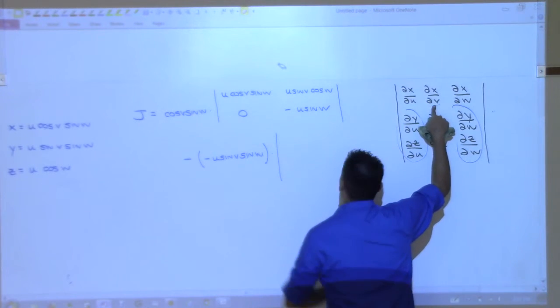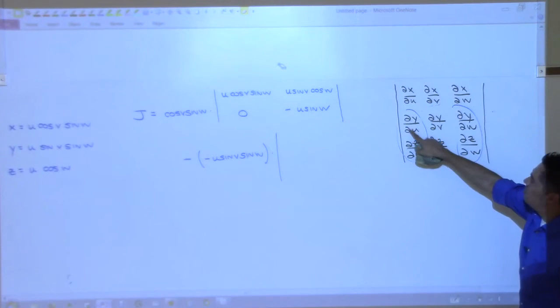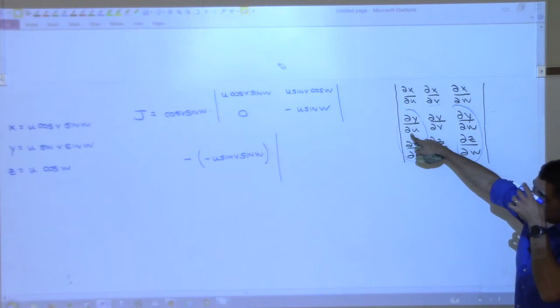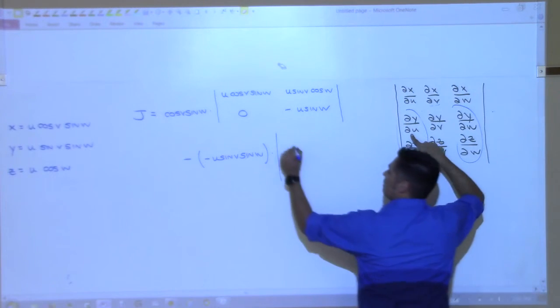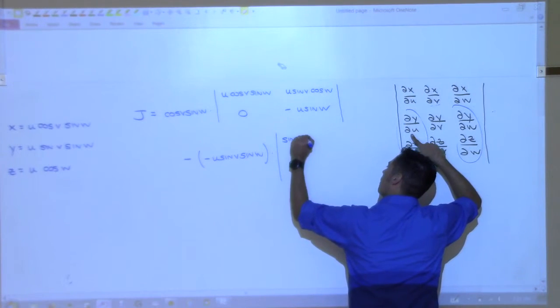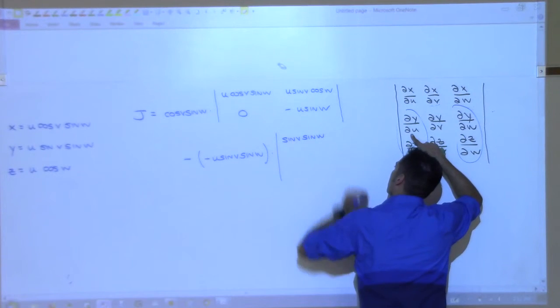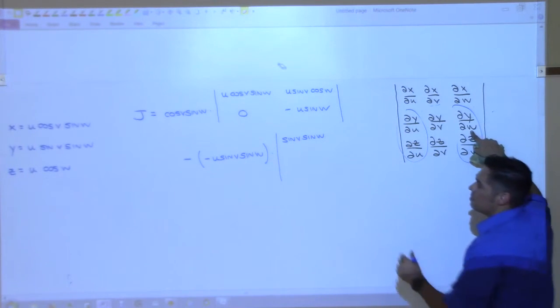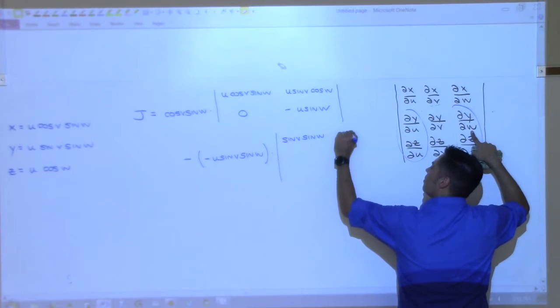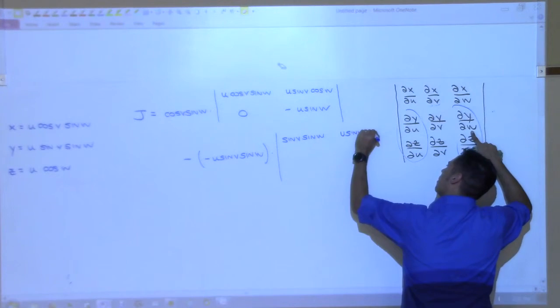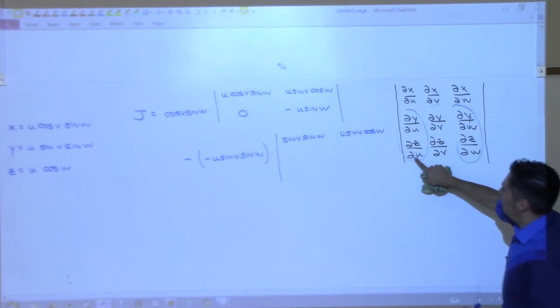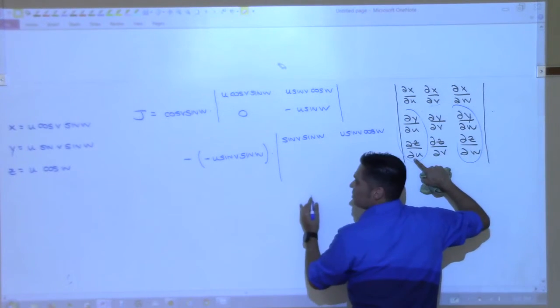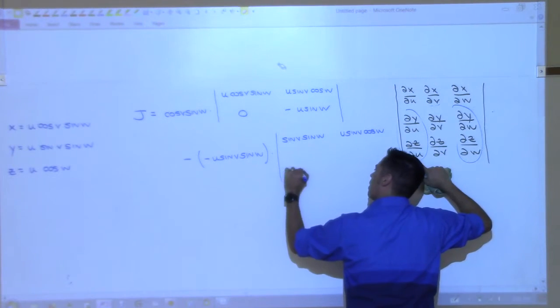Times, now another determinant. I'm doing partial of y with respect to u, sine v sine w. And then partial of y with respect to w, which is u sine v cosine w. And then partial of z with respect to u, cosine w.